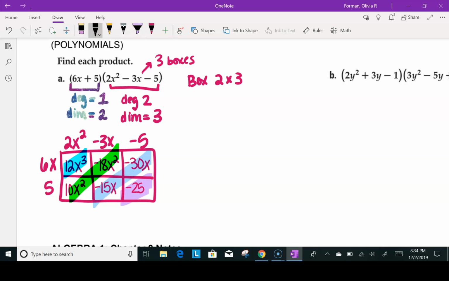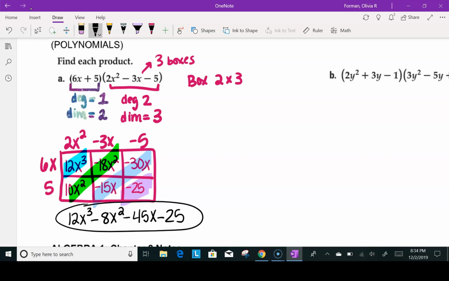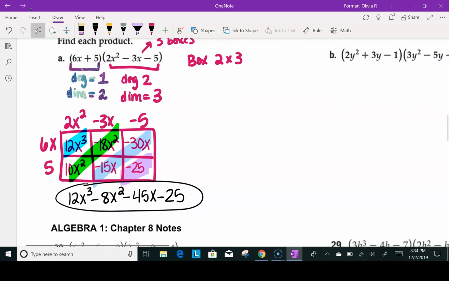Okay. Simplify it. So the 12x cubed is by itself, but we have a negative 18x squared and a 10x squared, so that becomes negative 8x squared. We have a negative 15x minus 30x, which would be negative 45x. And then we have that negative 25. So that would be my final answer there.